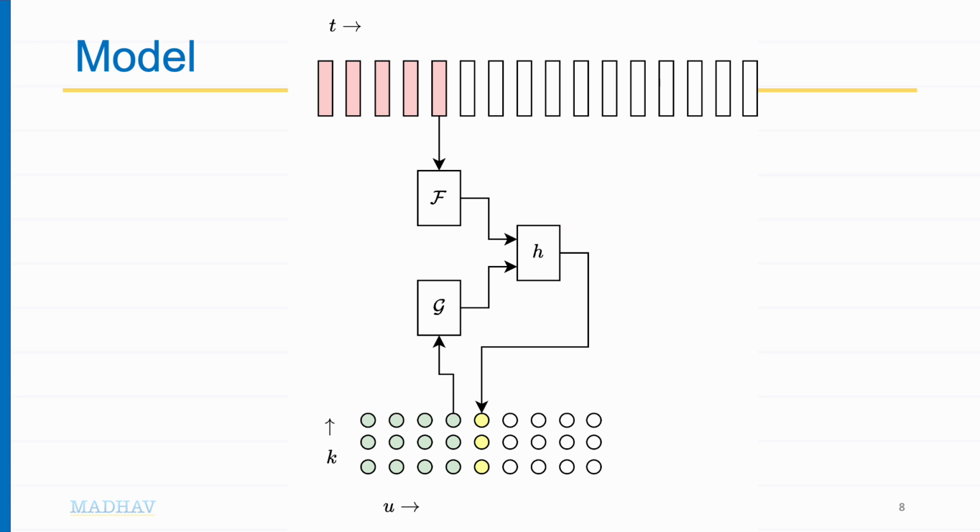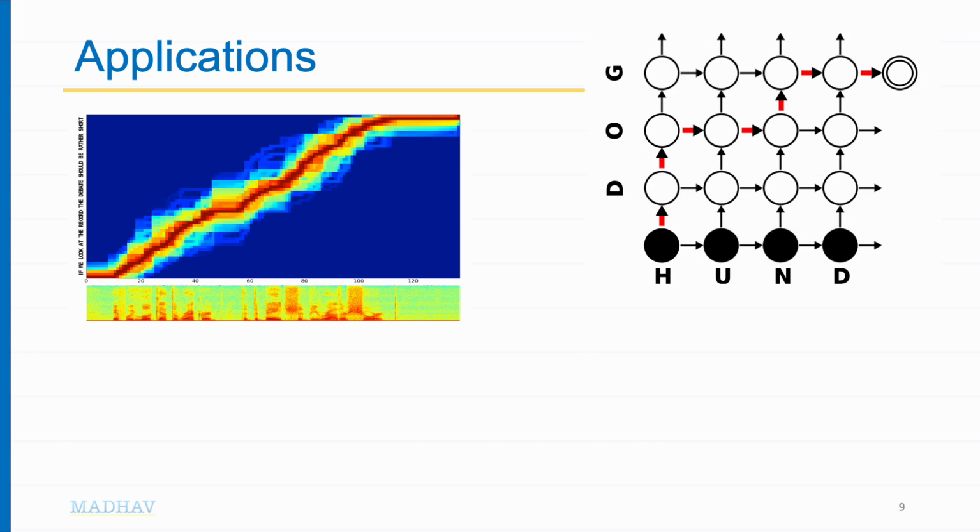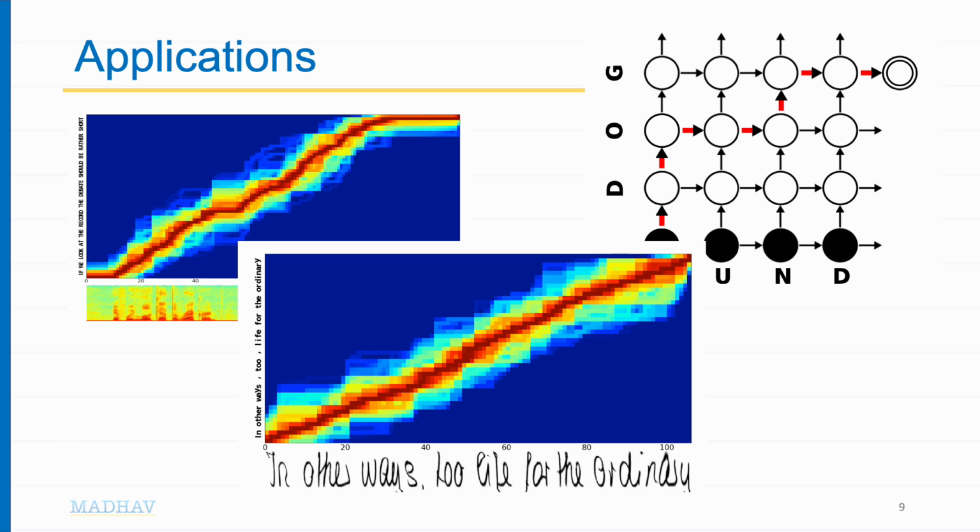And this H basically combines both these outputs and gives you the final output, right? Meaning the autoregressive output plus the transcription output is combined by H. And we saw some applications like in ASR, in TTS, in translation, in handwriting recognition. So all these applications are basically sequence to sequence transduction tasks.